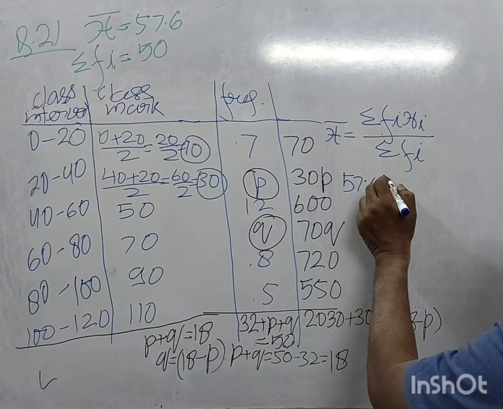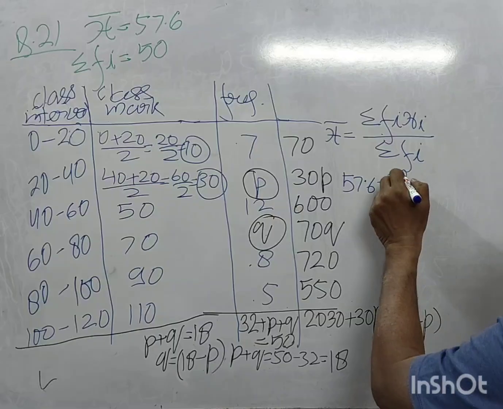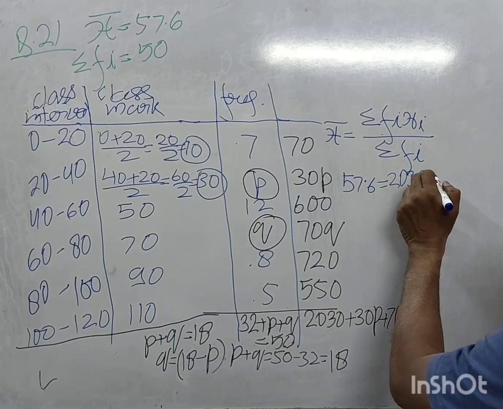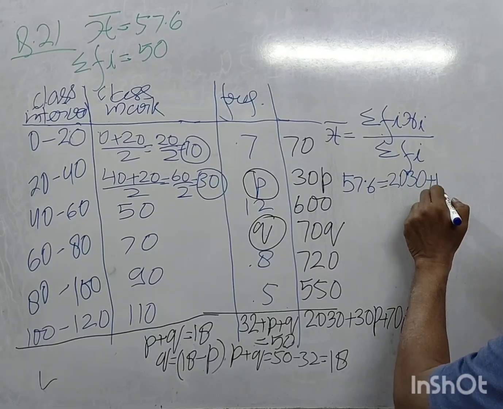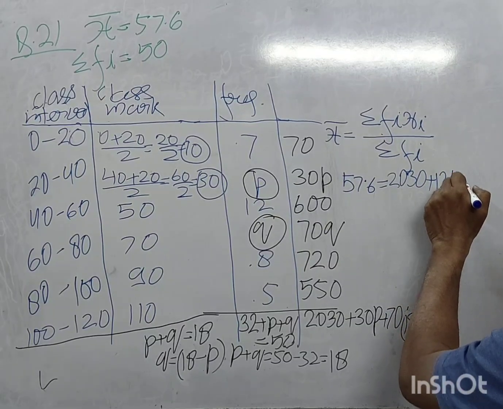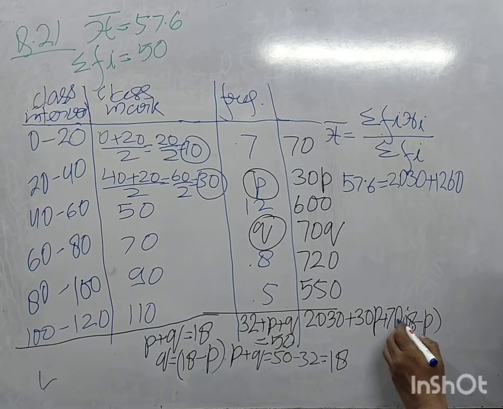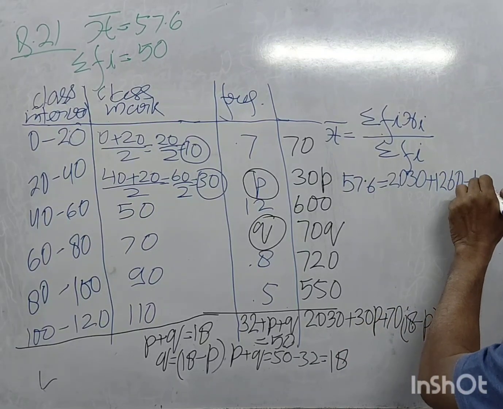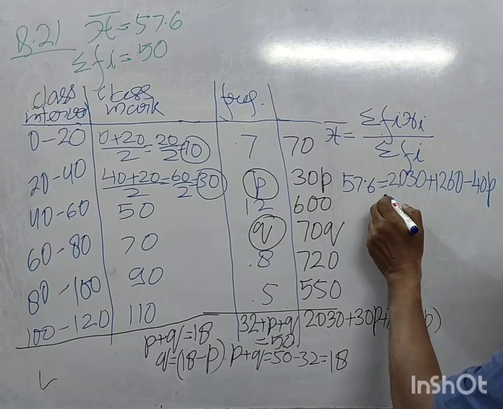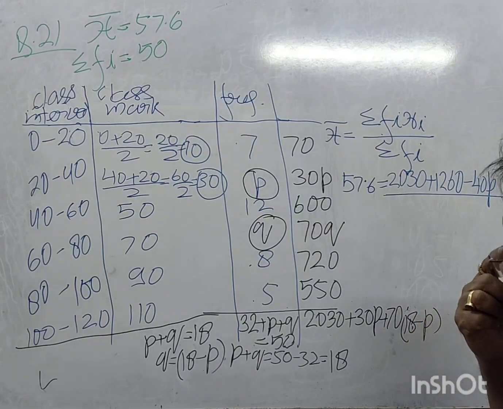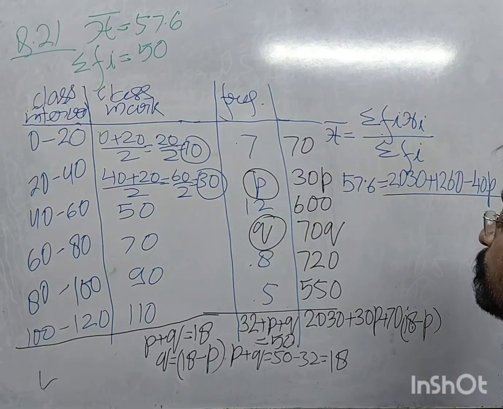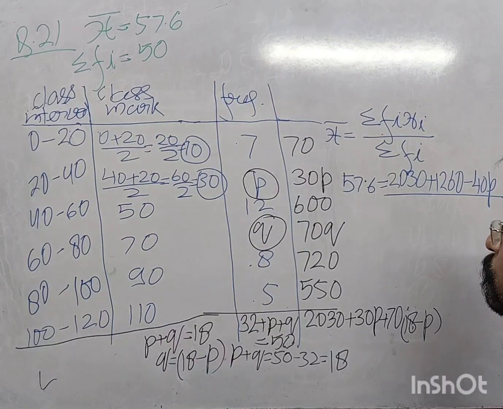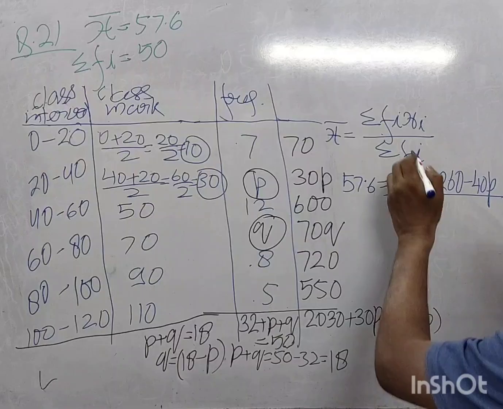So we have 2030 plus 1260, and minus 70P plus 30P becomes minus 40P, upon 50.